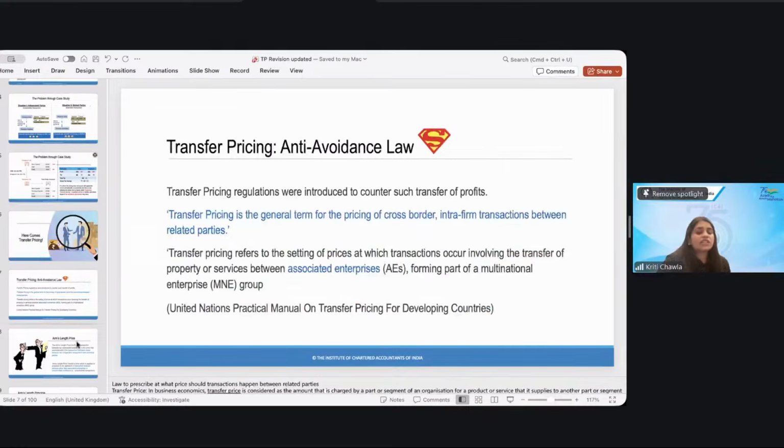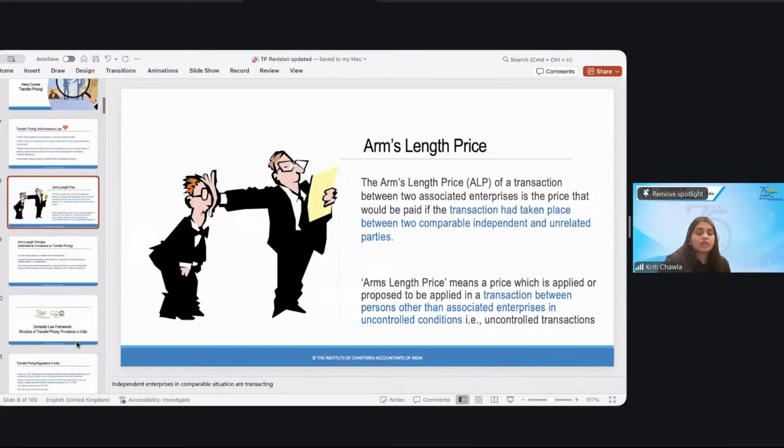Well, these transactions should happen at something called the arm's length price. What is this arm's length price? Well, this is the price at which transactions between related parties should also happen. Very simply put, arm's length price is a price between independent parties in comparable situations.